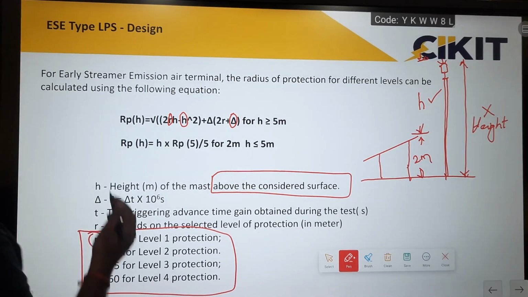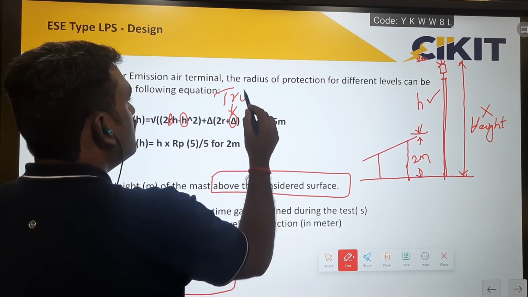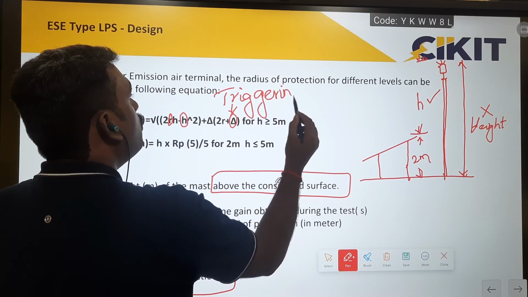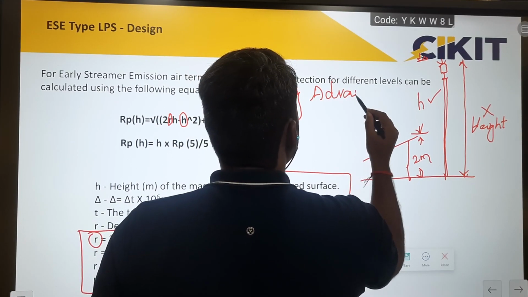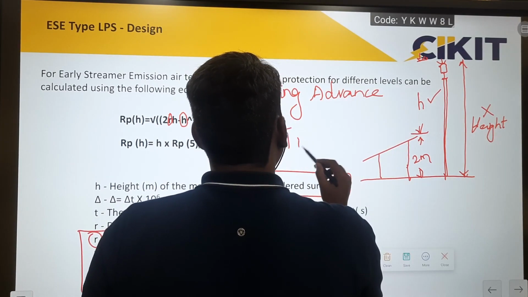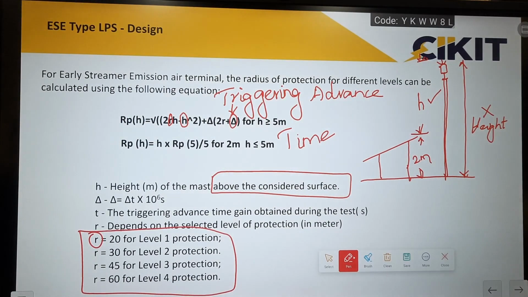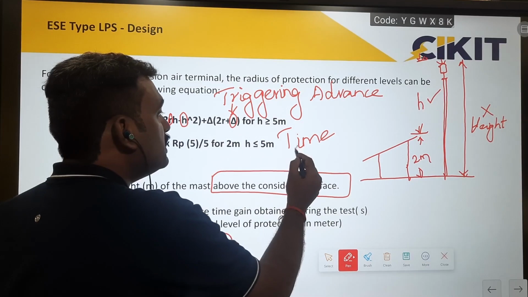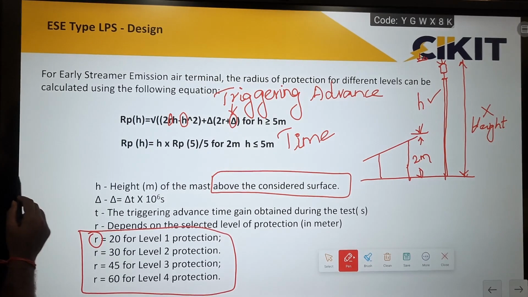The third most important thing is delta, which is called the triggering advance time. The triggering advance time is a parameter that differentiates the conventional air terminal from the early streamer emission air terminal. It is the difference in time for the streamer generated by the ESE air terminal and the conventional air terminal.